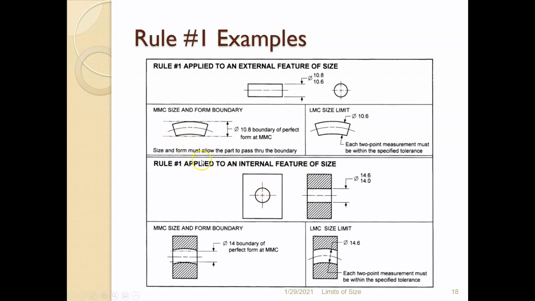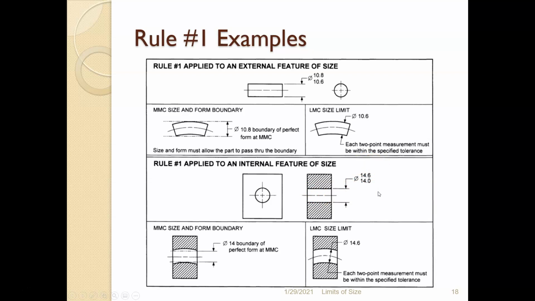Now, if we switch up to rule number 1 applied to an internal feature, i.e. a hole. So in this case, we have a hole that's between 14.6 and 14.0 millimeters in diameter. So again, this is a range of acceptable sizes. We can make the hole any diameter within this range.